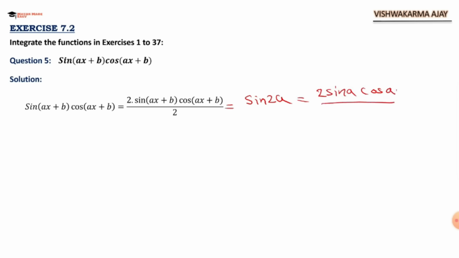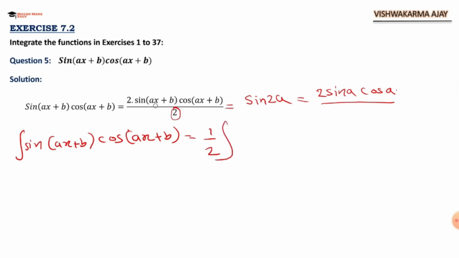So what I can write over here is integration of sin ax plus b cos of ax plus b can be written as 1 upon 2 outside the integration, this 1 by 2, and this 2 sin ax plus b cos ax plus b I can write in this form.